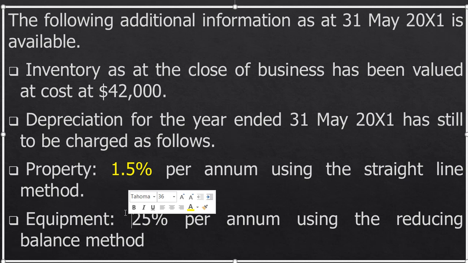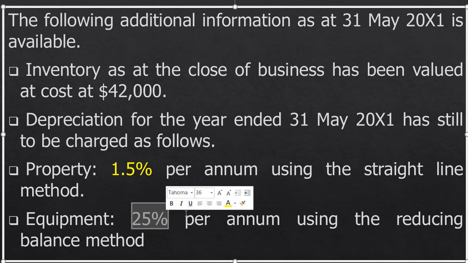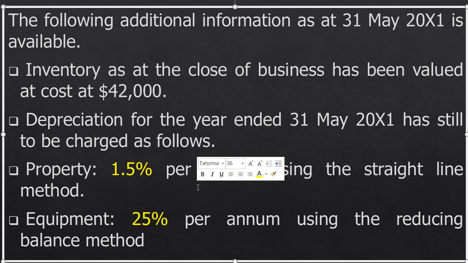Then equipment is at 25% per annum, and 1.5 for property using the straight line method. If you have not looked at how we charge depreciation or the methods of depreciation, you can look at our previous videos.